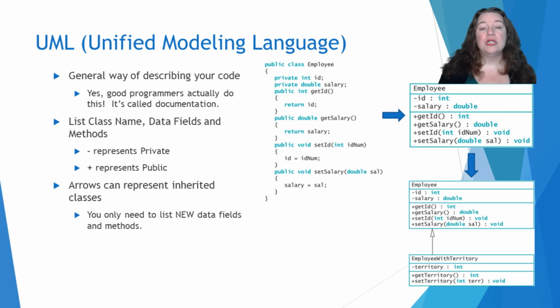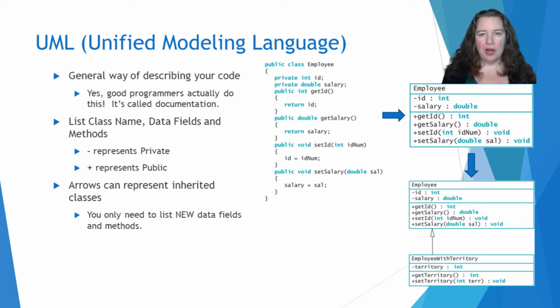It's really important with inheritance, we use arrows to show objects that inherit from other objects. In this case, we have an employee and then an employee who has a territory associated. This way, we're able to describe the territory of the subclass and use an arrow to describe that it inherited. You only need to list your new data fields in your inherited class.